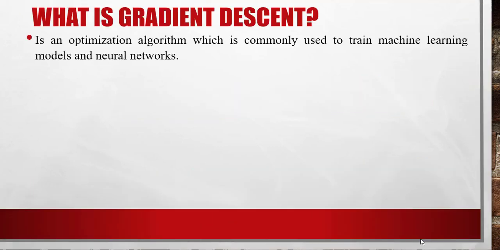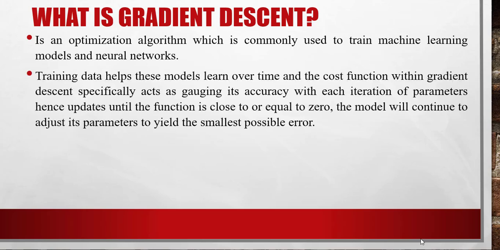So gradient descent is an optimization algorithm which is commonly used to train machine learning models and neural networks. The training data helps these models learn over time, and the cost function within gradient descent specifically acts as a gauge of its accuracy with each iteration of parameter updates.